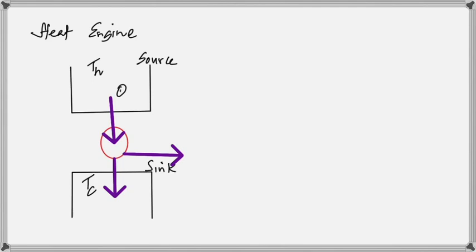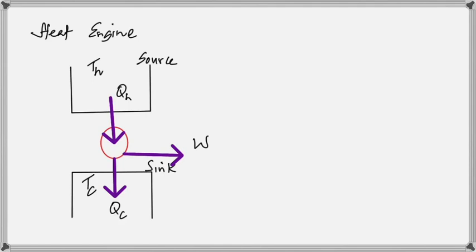Let's say that QH is the heat taken from the hot source, W is the work done, and QC is the heat rejected to the sink. So do not be confused between TH and QH. TH is the temperature of the source, while QH is the amount of heat in joules taken in by the working substance, and QC is the heat rejected to the sink.